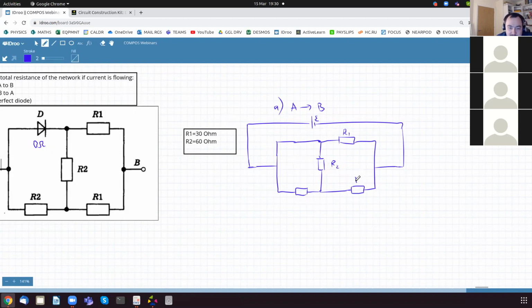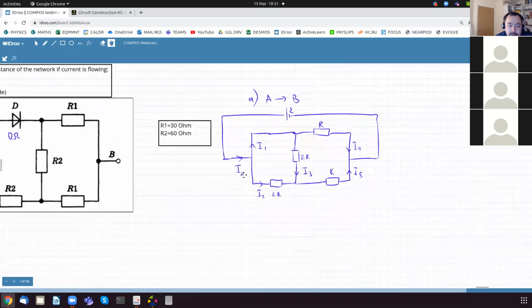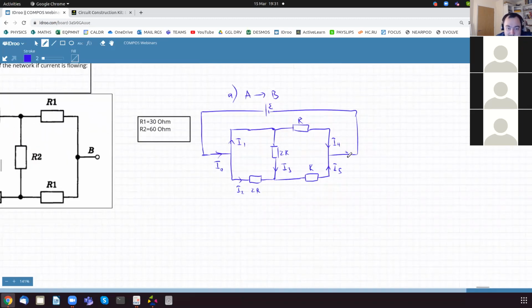I'm gonna call this R. This is 2R and R. So I need a current, I0, and I have I1, I2, I'm gonna assume the current is going like this, I3, I4, I5. Horrible in a way, but then we go back to I0.